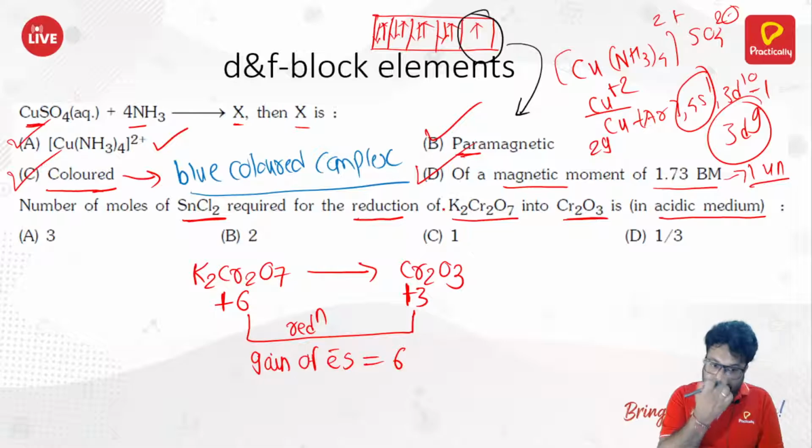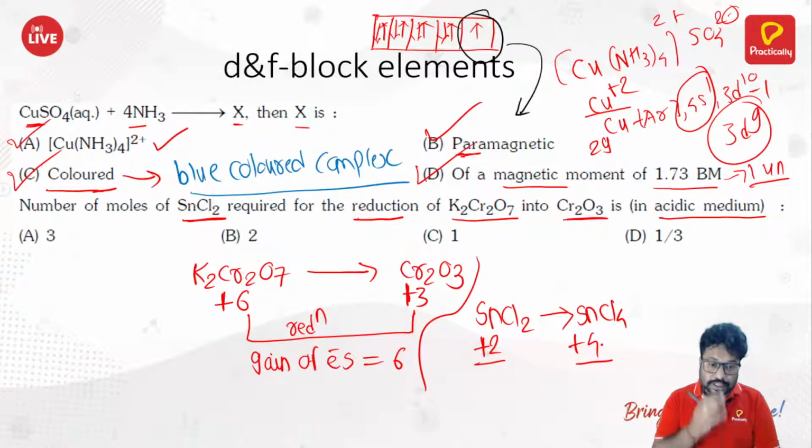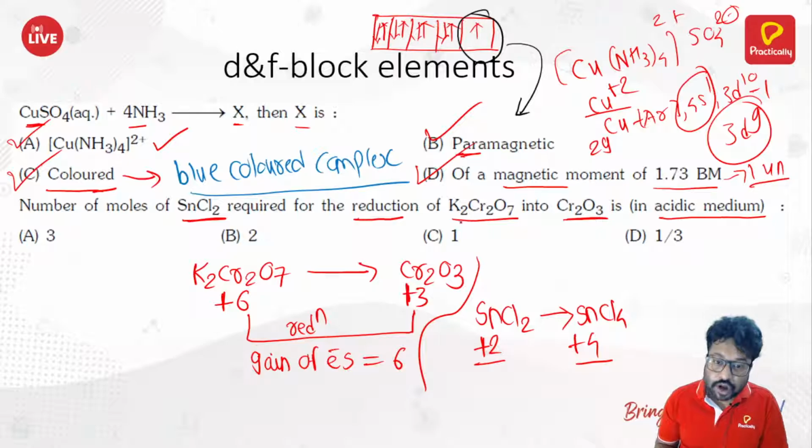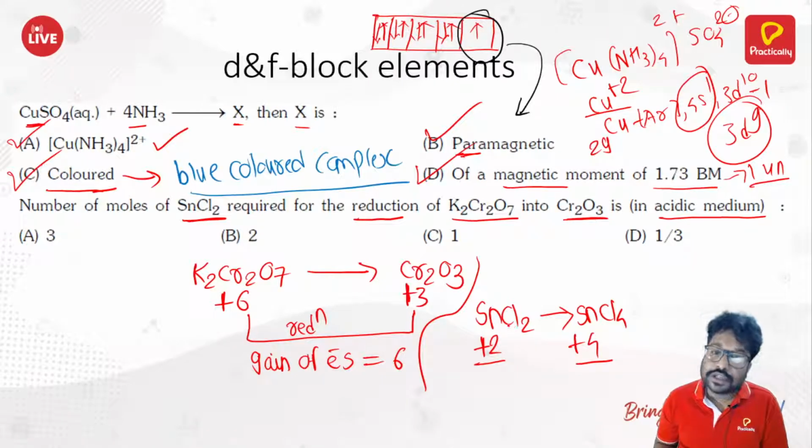Now, in SnCl2, your tin is in +2 oxidation state, and tin goes from SnCl2 to SnCl4. It goes from +2 to +4. So you just saw your chromium is gaining 6 electrons. That means each 1 mole of K2Cr2O7 is gaining 6 electrons, and 1 mole of SnCl2 is losing 2 electrons.